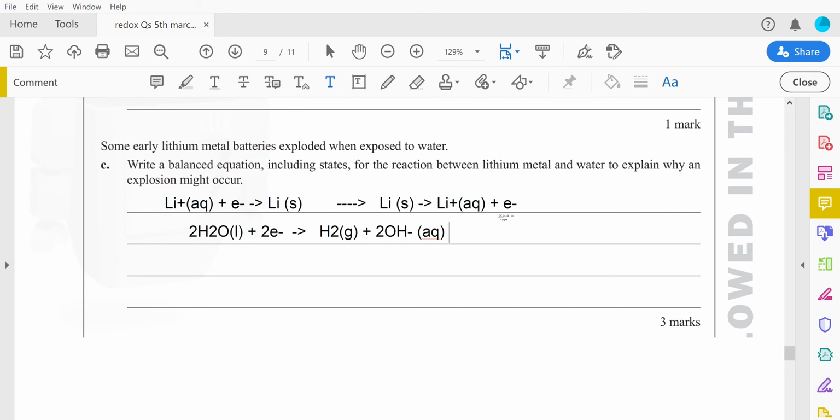You don't have to write them, you just have to write the 1 full equation, but I wanted to write out what we've got. And then I'm looking at this, I'm like, well, I obviously need to add a 2 here, a 2 here, a 2 here, so we have the same amount of electrons.